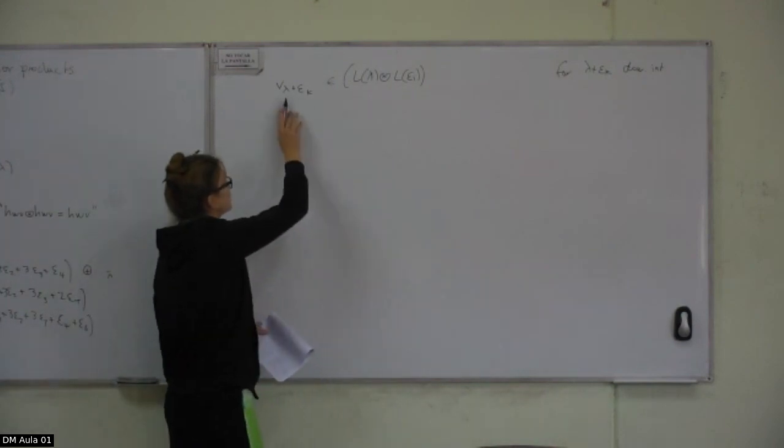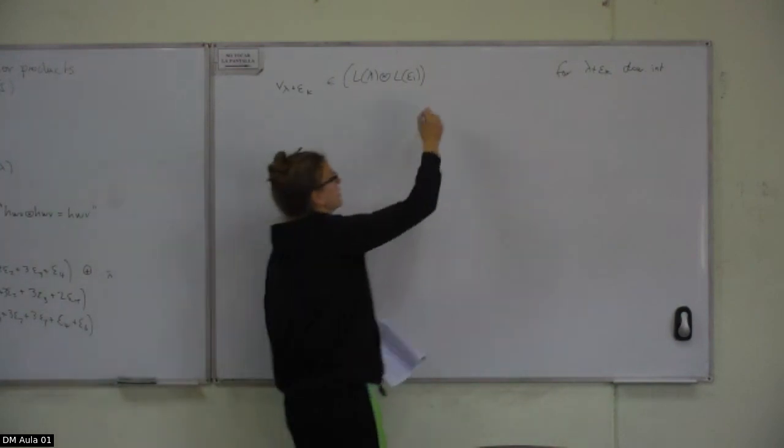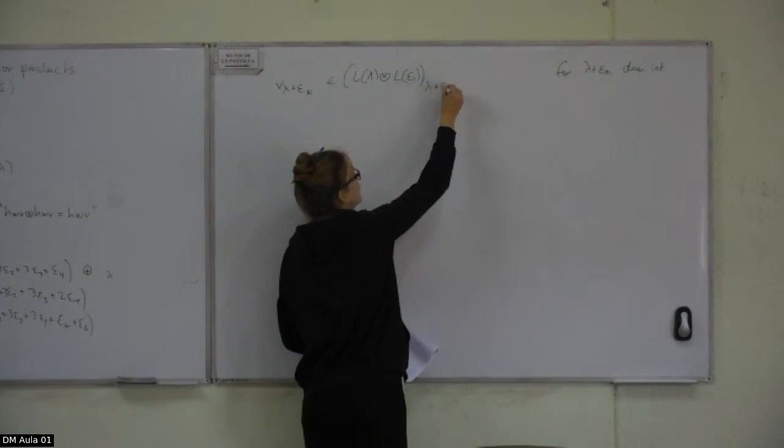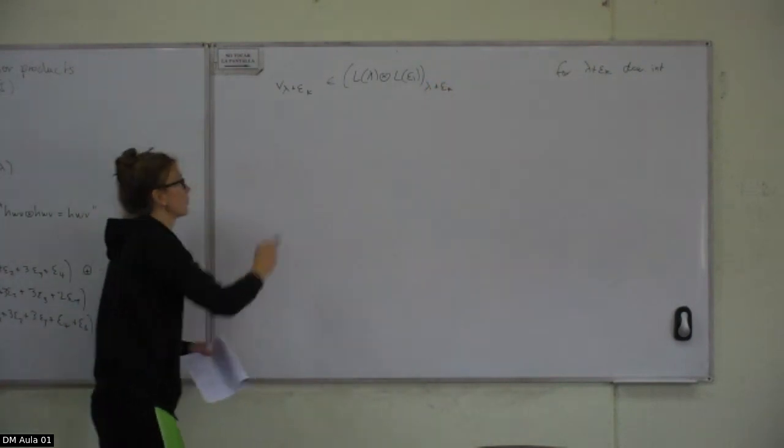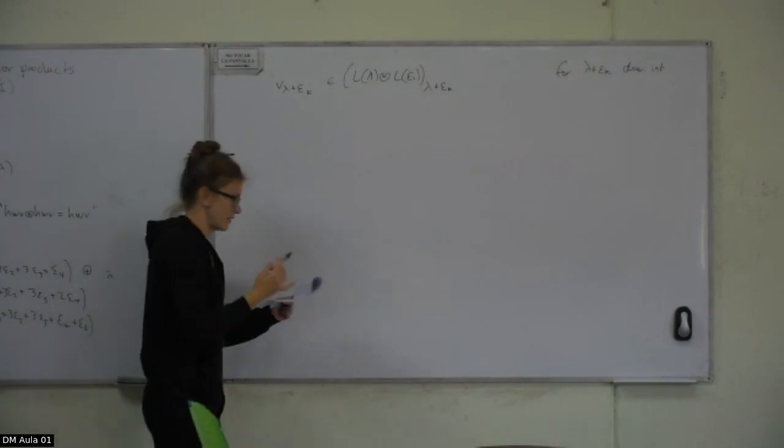But it also needs to have weight lambda plus epsilon k. So we need to look inside this weight space here for this vector. It must be in there.